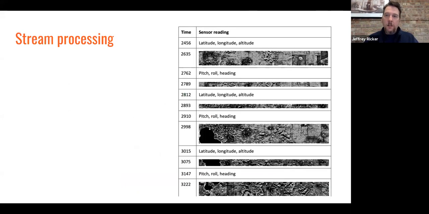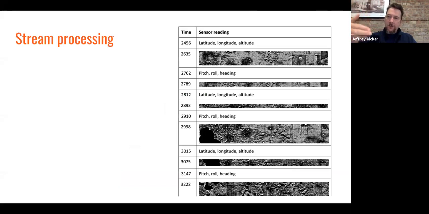So here what you would do is treat it as a stream. So you take that data and you interweave it, right? So here we've said, you know, at timestamp 2456, we get a lat long reading from the GPS.